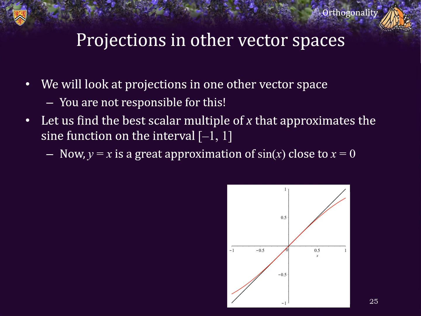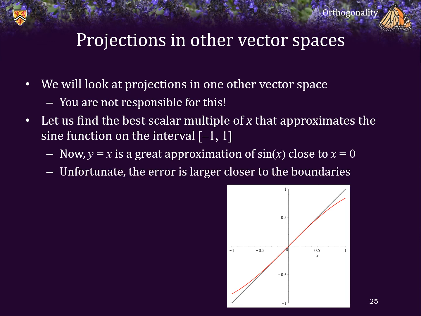However, notice that as we get further and further away from 0, the approximation becomes worse and worse. Is there a better scalar multiple of the function y equals x that could provide a better approximation of sine of x over the entire interval?